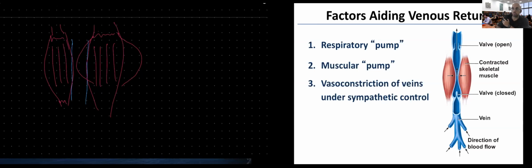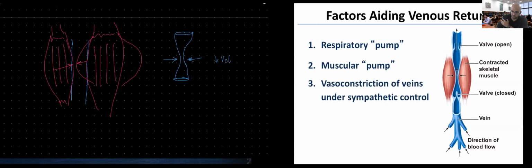So as they bulge out, they will be squeezing the vein. And remember, when I squeeze the vein and reduce the diameter, what's going to happen to the volume?